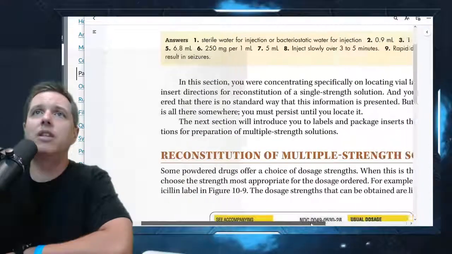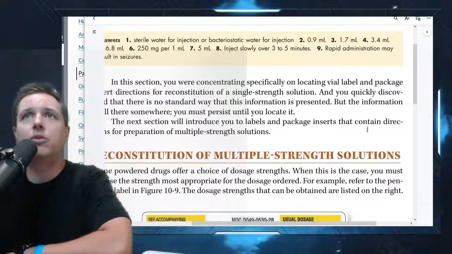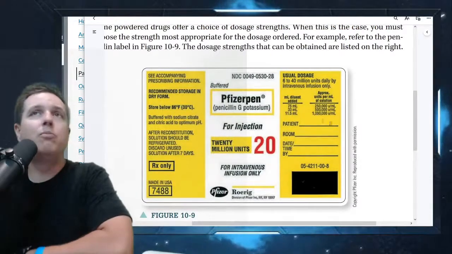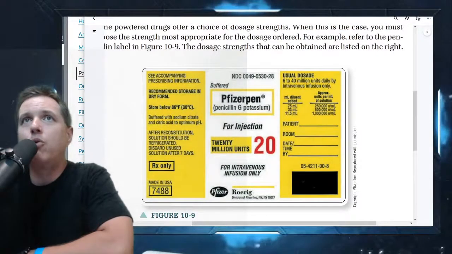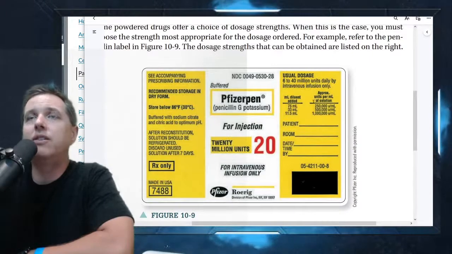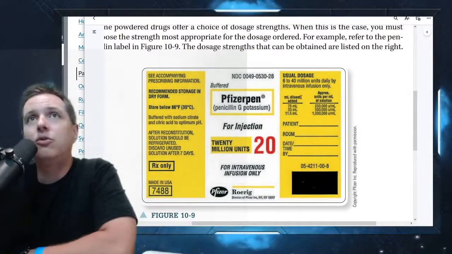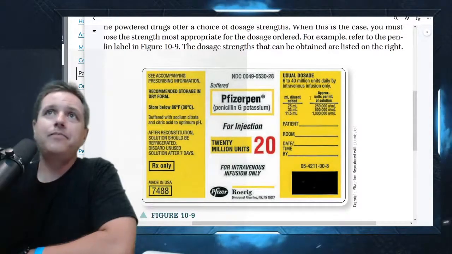Oh, here's the one I was thinking of. Reconstitution of multiple strength solutions. So just be aware, on here they give you directions for more than one strength that you can make this. So depending on what you need to reconstitute, you've got some choices over here, right?